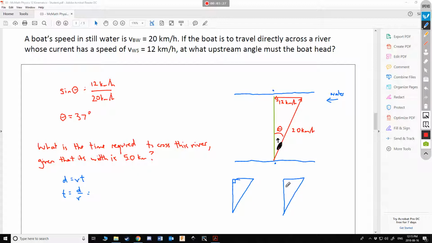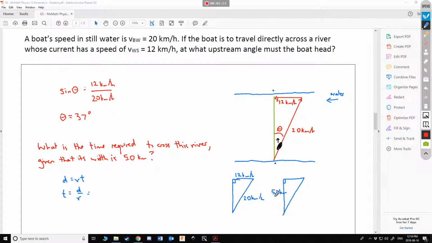So what we need to recognize is that one of our triangles shows distances and displacements, while the other one shows our velocities. So we have 20 kilometers per hour right here, and we have 12 kilometers per hour. And we are given that the river's width is 5.0 kilometers. So if we want to find that time, we need to get the matching vector.